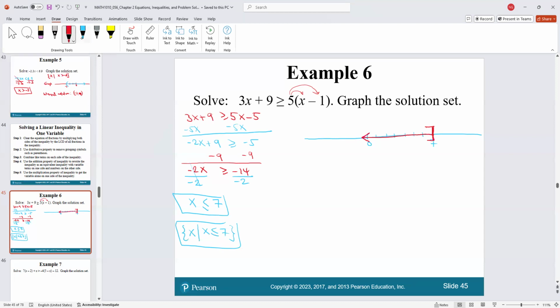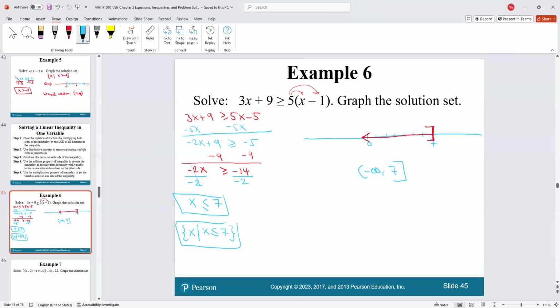If you're good with that, we can even do the interval notation. The answer would be negative infinity to 7, and you close on 7. That's really important.